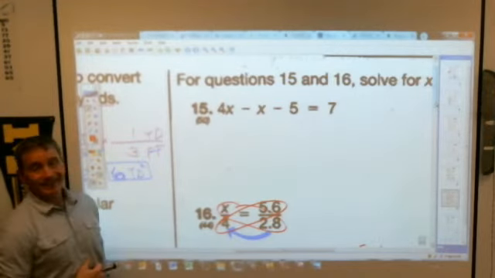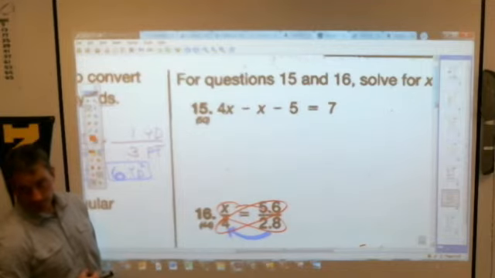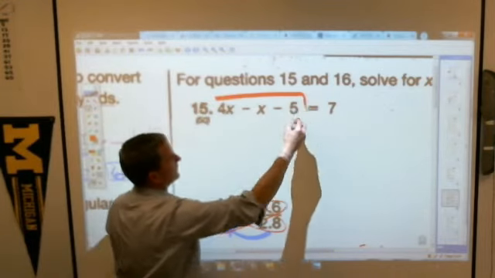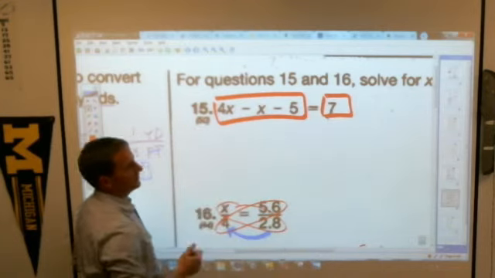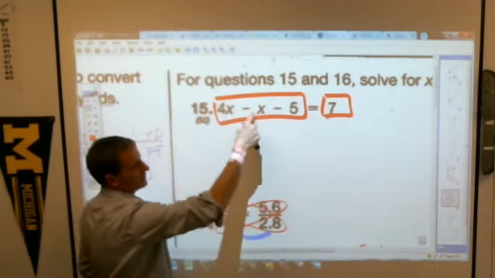First thing you should do on any equation, somebody? Madison? You get rid of the extra numbers. Nah, no. You look at each side and see if you can combine something and simplify it. Is there something I can do on this side? I can put those two x terms together.